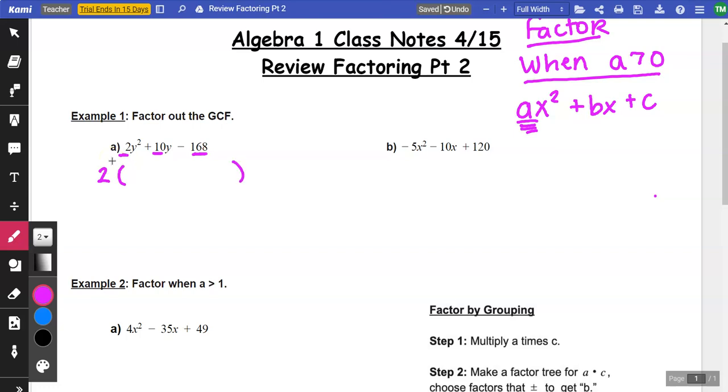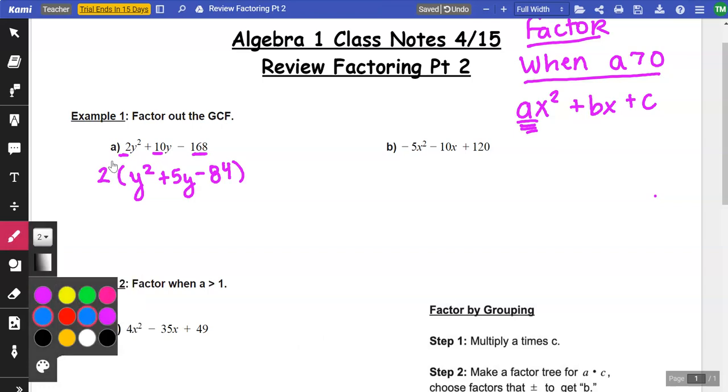When I factor the 2 out of 2y squared, I'm left with y squared. When I factor out 2 from 10y, I'm left with 5y. And when I factor 2 out of negative 168, I'm left with negative 84. So the next thing we need to look at is, can y squared plus 5y minus 84 be factored further?